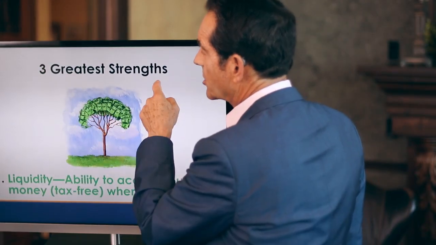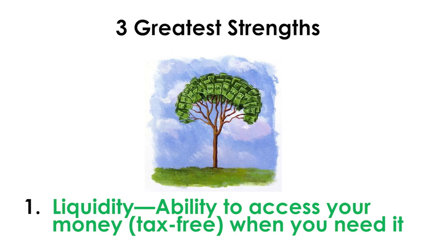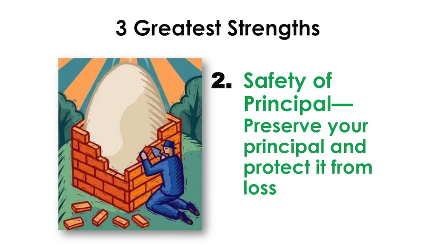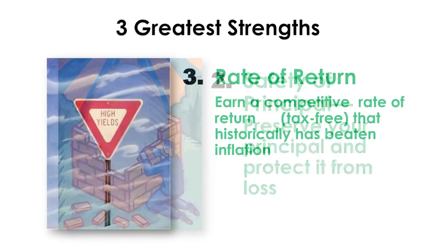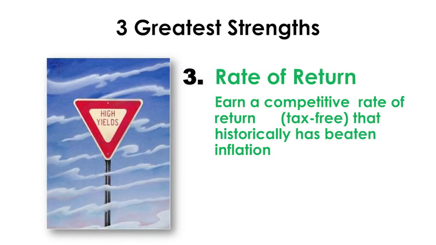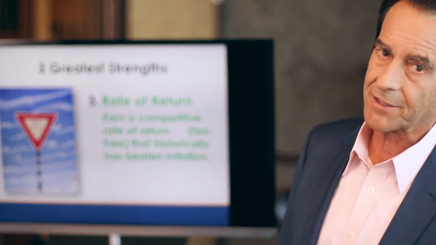But the three greatest strengths is liquidity, the ability to access your money when you need it in an emergency. Number two would be safety of principal, preserve your principal and protect it from loss. And then number three is to earn predictable rates of return, a competitive rate of return that historically has beaten inflation. And of course, I want it to be tax-free.